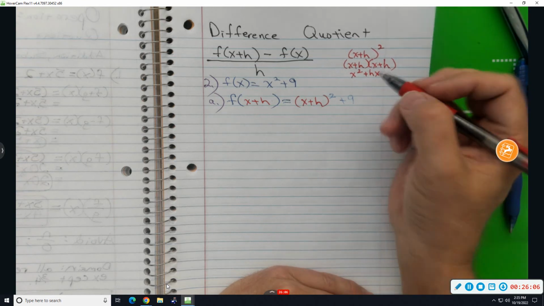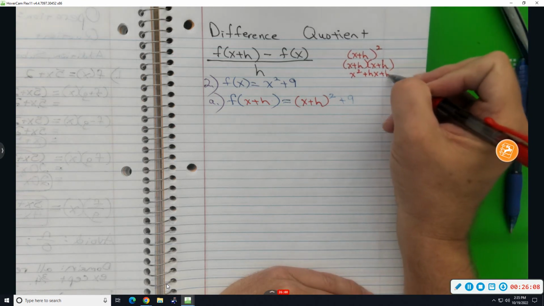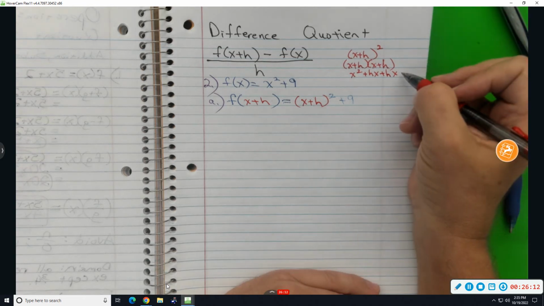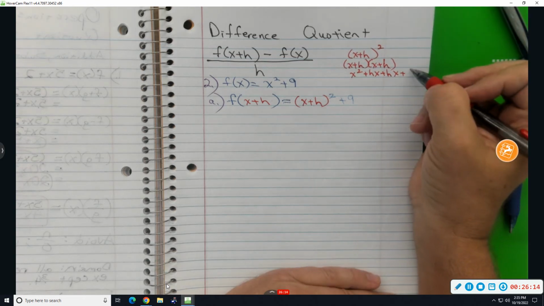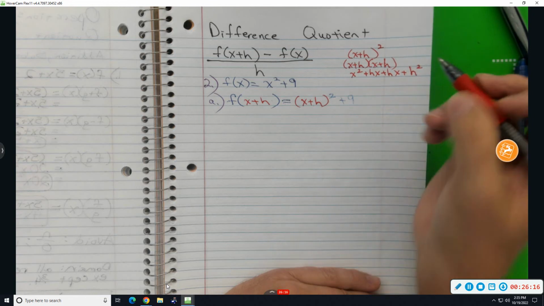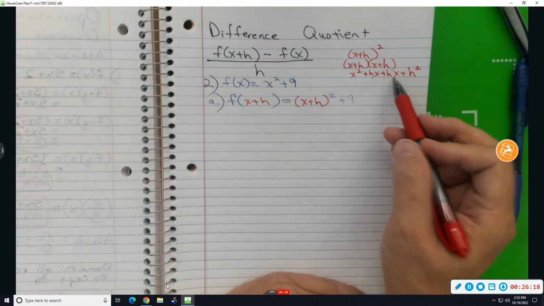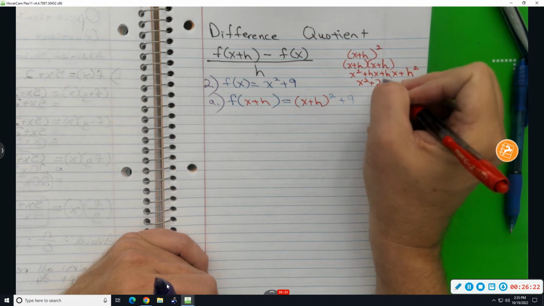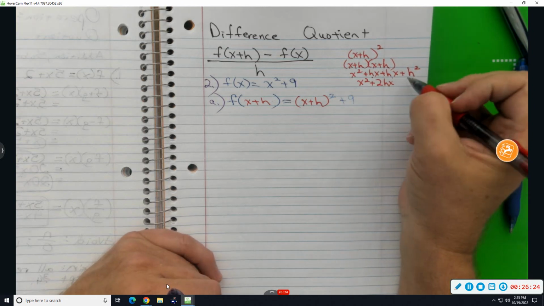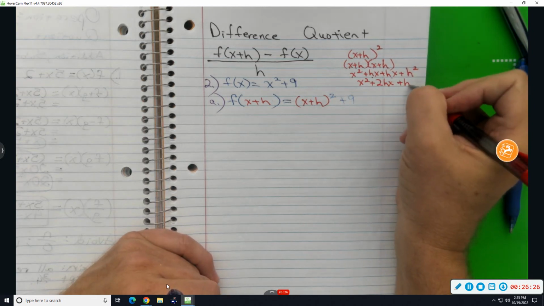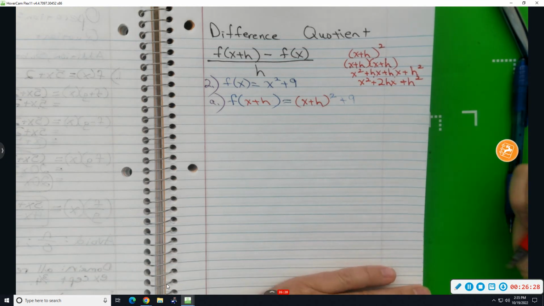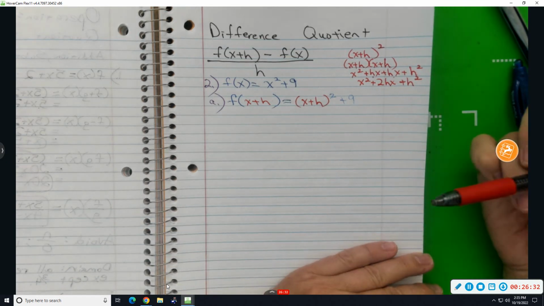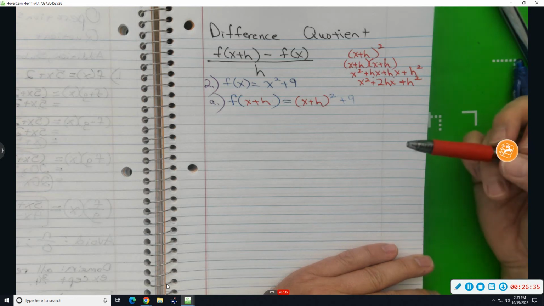By writing it in alphabetical order, we're recognizing that we have like terms there that we can combine. Plus last, h squared. hx plus hx, that's 2hx. So we have x squared plus 2hx plus h squared. Any questions there?